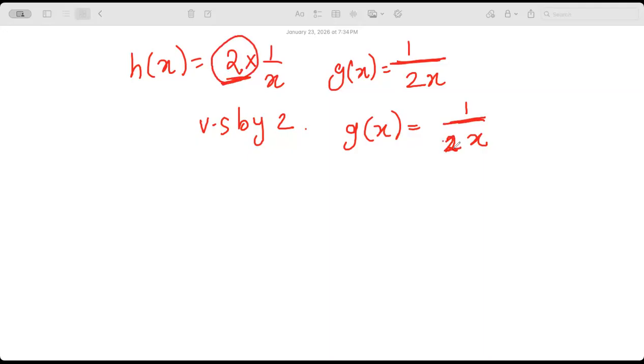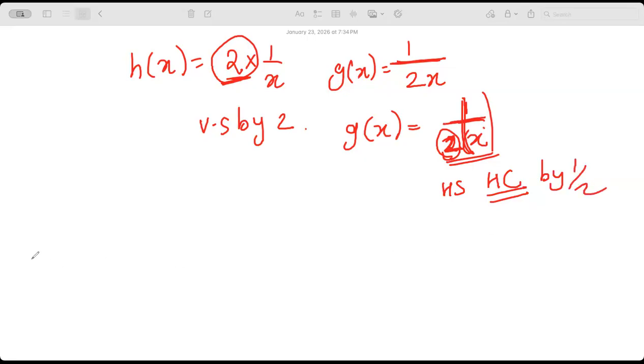Whenever your multiplication is with the x value, it is a horizontal stretch or horizontal compression. But the number that you multiply with x, you have to take the reciprocal and say that is the factor. So 1 by 2 is the factor. If the factor is 1 by 2, it is less than 1, so it is a compression. So horizontal compression by half. Did you all get it?